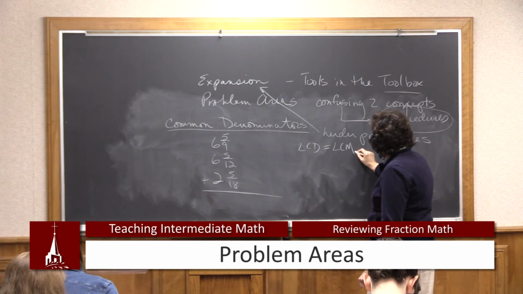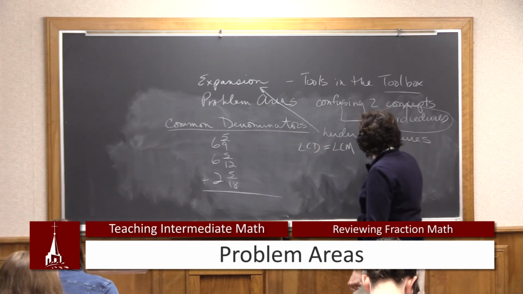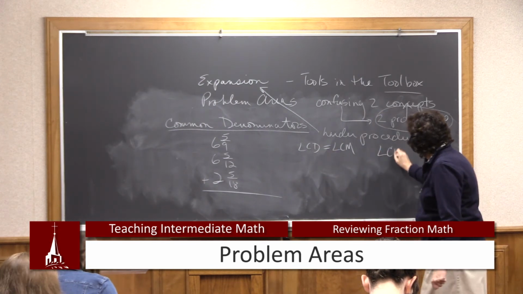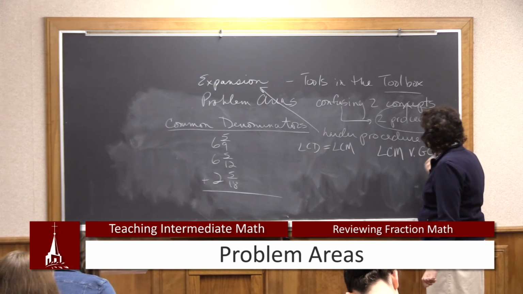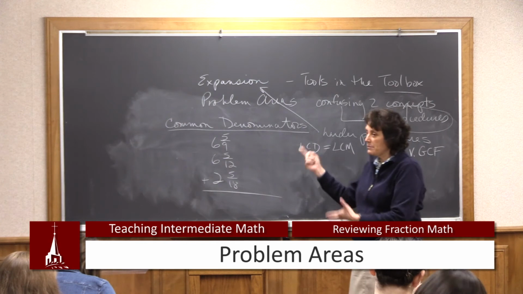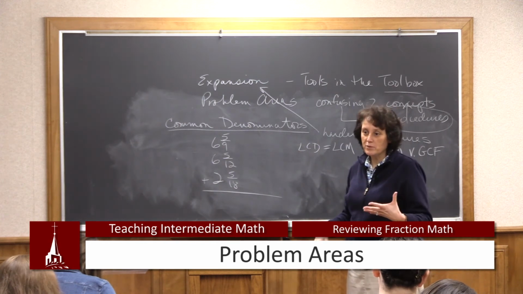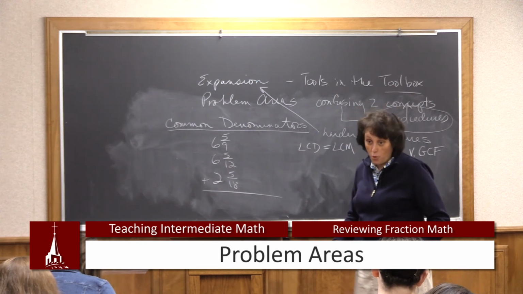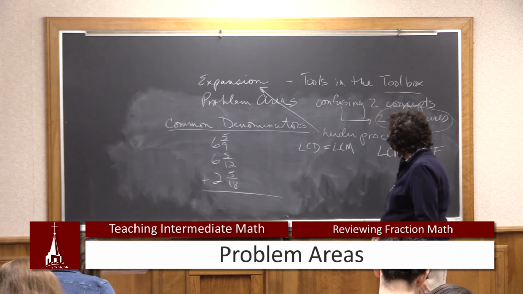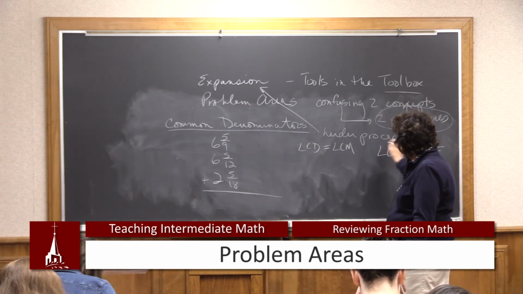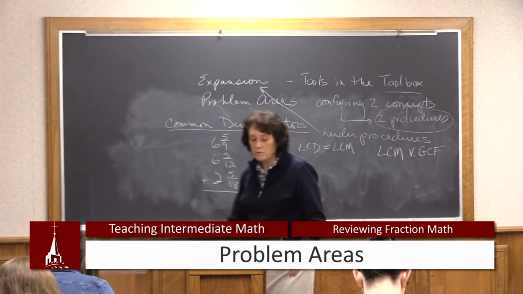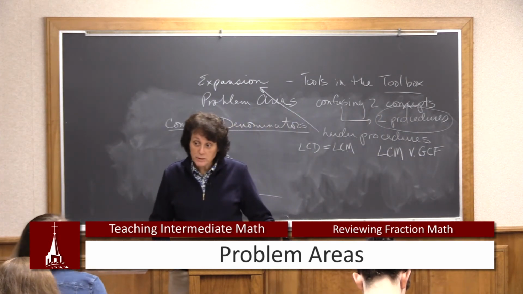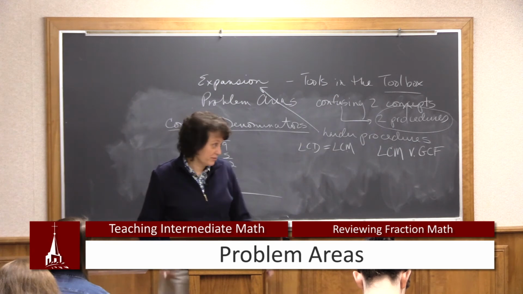All right? And here we have confusion between least common multiple and greatest common factor. So in this example, with common denominators with upper level addition or subtraction of fractions, we start having trouble with this and finding this. And so we need to have a good understanding of multiples versus factors.